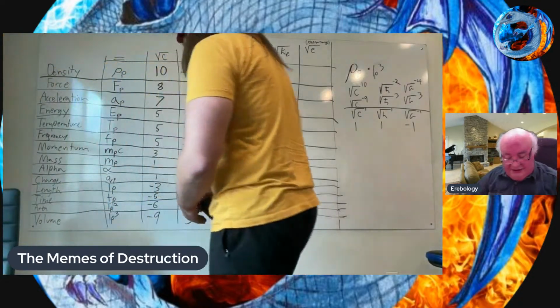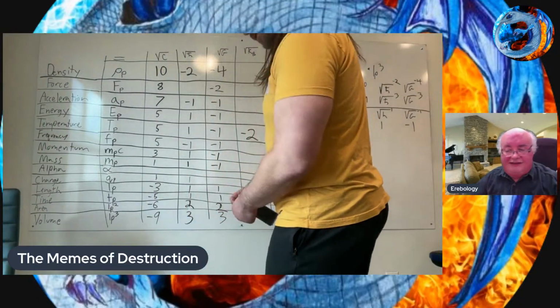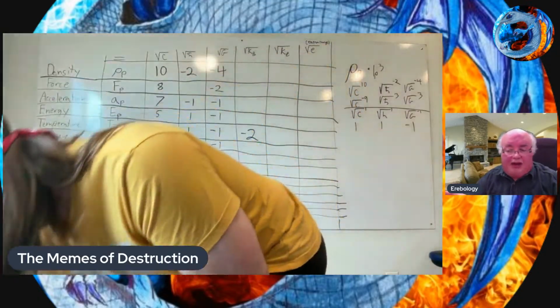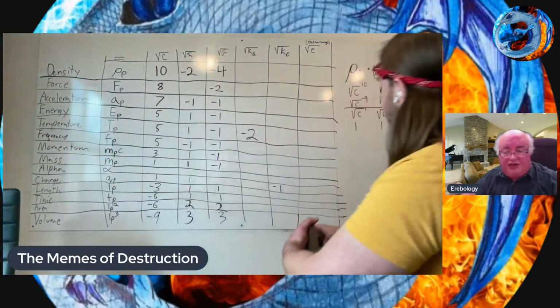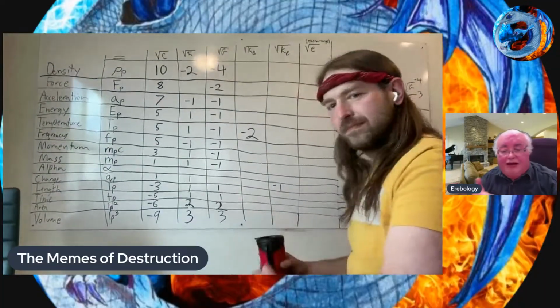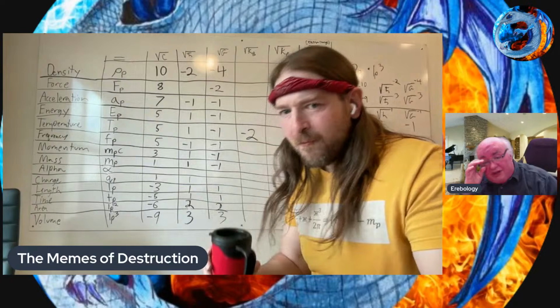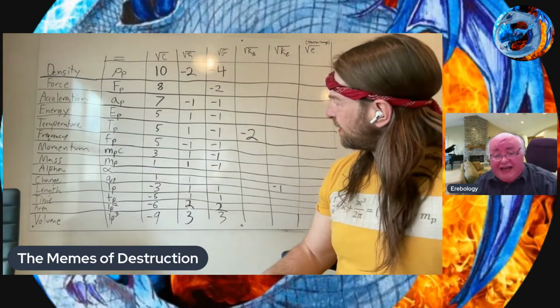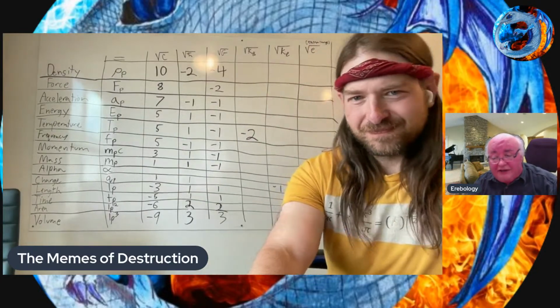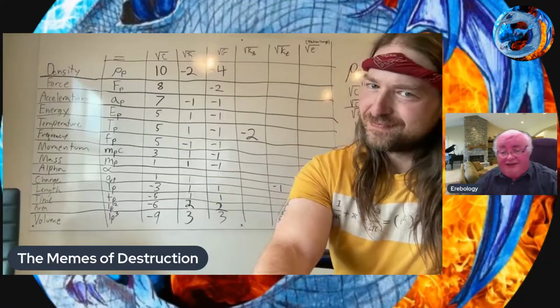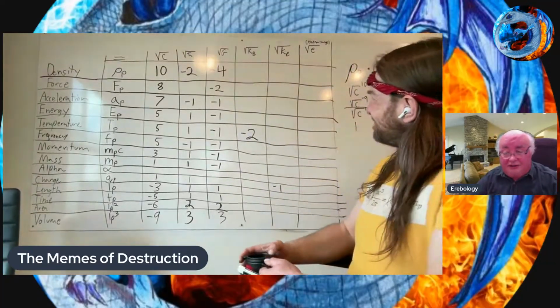Now, I think it's time to do alpha. By the way, what I just did is I used the law of exponents. You now have all these radical powers. And so if you want to multiply these things together, you just add the radical powers together and you've got your expression.